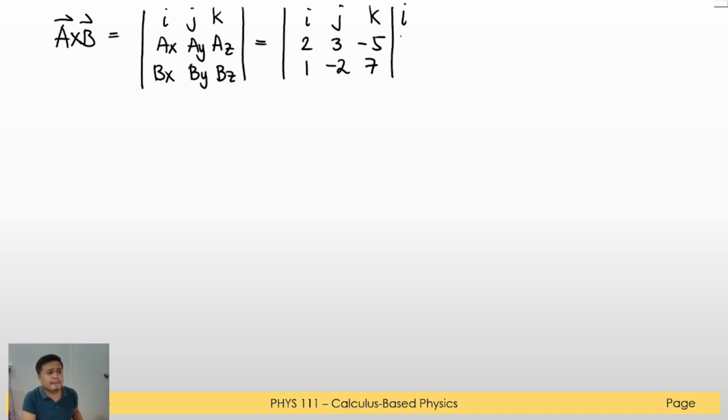So we have i, 2, and 1, j, 3, and negative 2. Crisscross rule: basically we go down, and then cross up, multiply the entries along each diagonal, and then subtract the two evaluations.